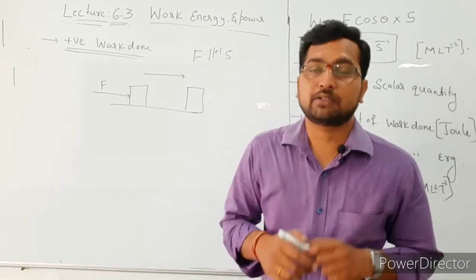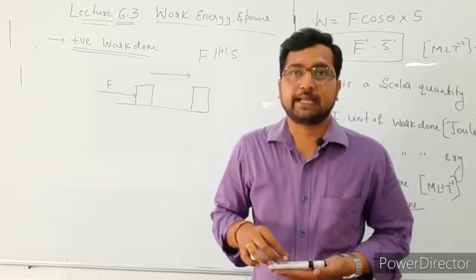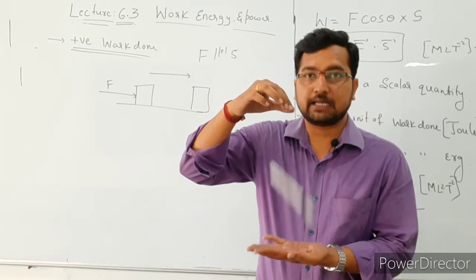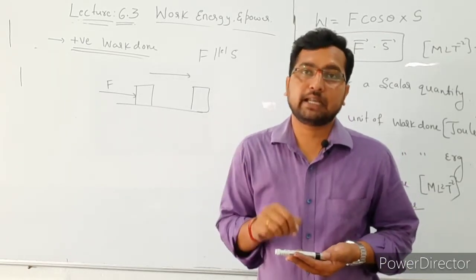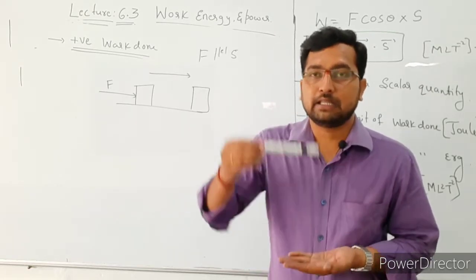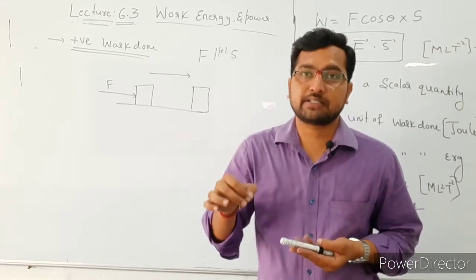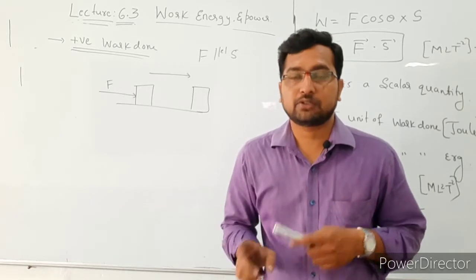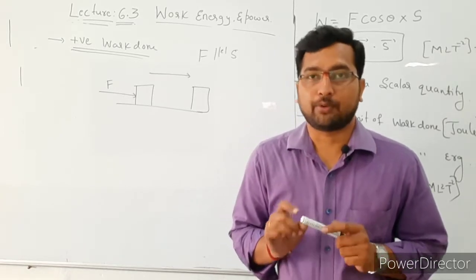Both are parallel, so this work done is said to be positive. Second example, consider a body freely falling from a certain height. The work done by gravity on this body is positive, because the object is moving in the downward direction and the acceleration due to gravity is also towards the center of the earth. Both are parallel, so the work done by gravity is positive.